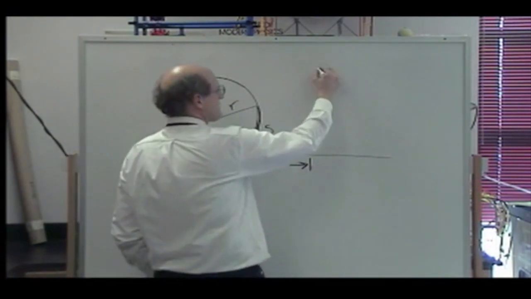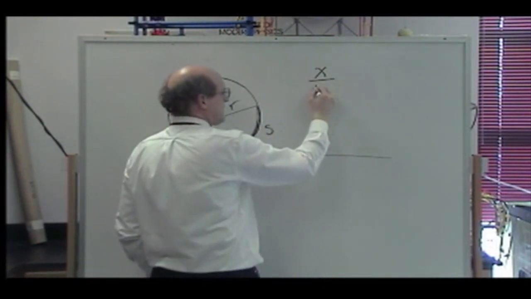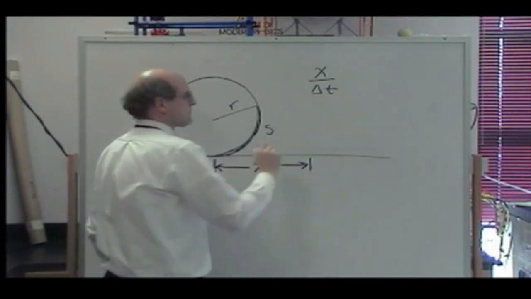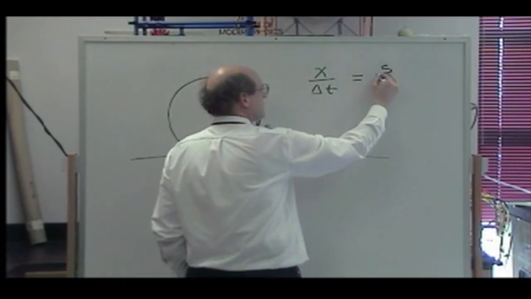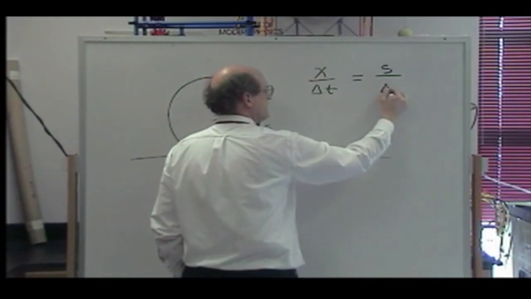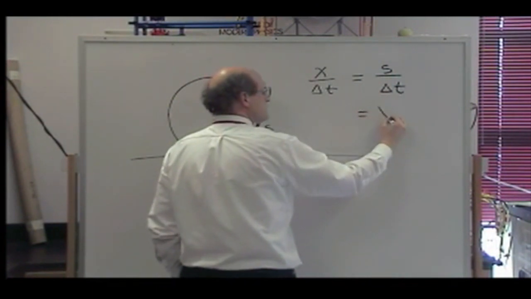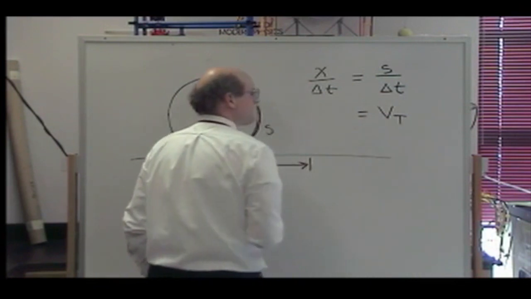If we take x, the distance that the axle traveled, and divide it by the time, that should be equal to the arc length divided by the time, where the arc length divided by the time is equal to the tangential speed of the wheel.